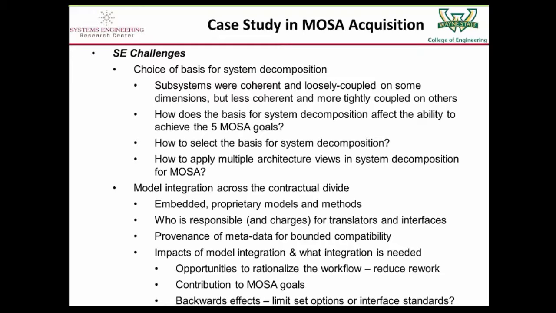Recognizing that there are multiple architecture views, and multiple types of dependencies and interactions across the whole life cycle for the vehicles, is there a way that we can more effectively integrate multiple architecture views into the system decomposition process? So these are good systems engineering research type questions.